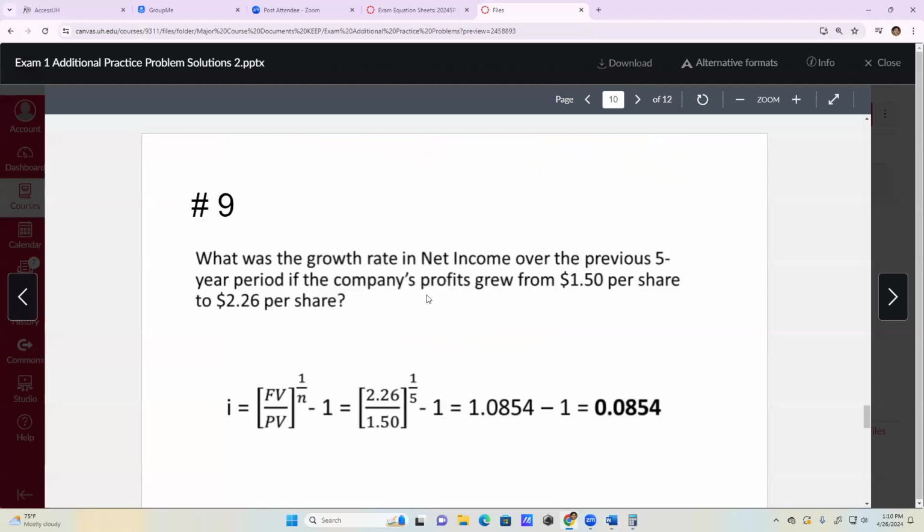But what was the growth rate over the next 5 years? Okay, I made a mistake here as well, guys. This one is actually asking for the interest rate.